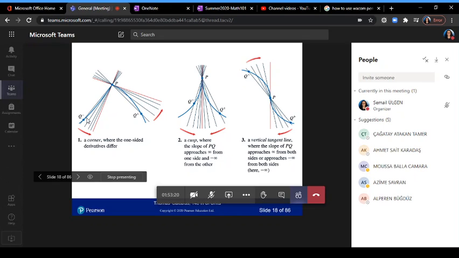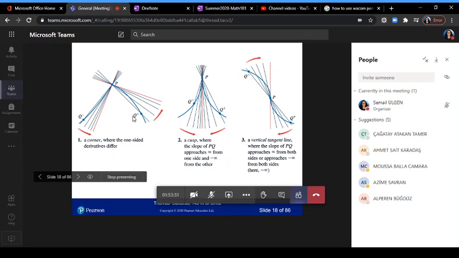For here, on the other hand, look at the P and look at the tangent lines to the curve. Here's the Q, and these are getting closer and closer to P. The slope is positive and getting bigger. And let's get this one: the first secant line, second secant line, third secant line.